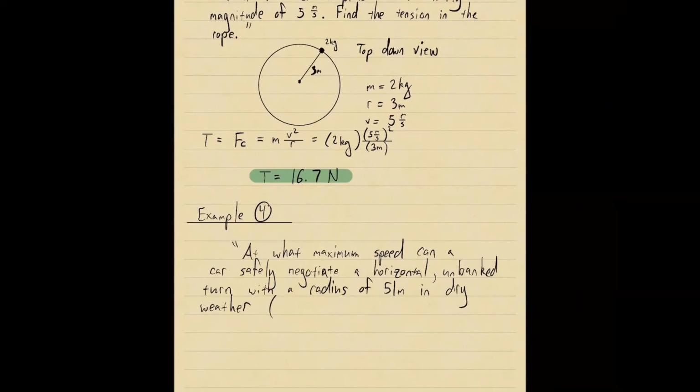So that's going to have a coefficient of static friction between the tires of the car and the road of 0.95. And icy weather, where our coefficient of static friction between our car and the road is 0.1. Right, so it's much less.